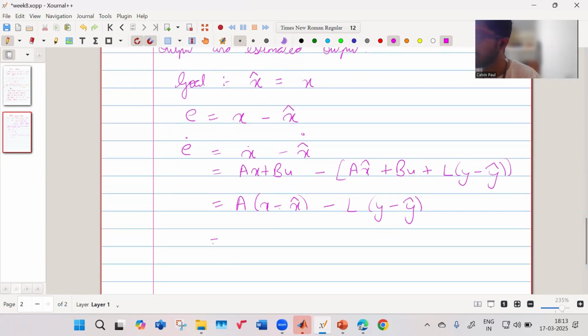That is A into x minus x hat minus L times Cx minus C x hat, which equals A into x minus x hat minus LC into x minus x hat.